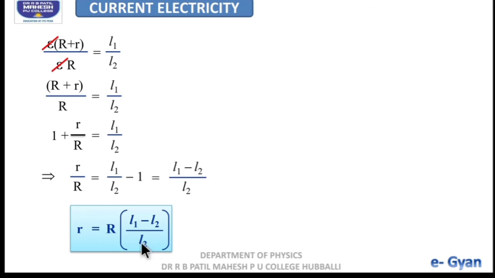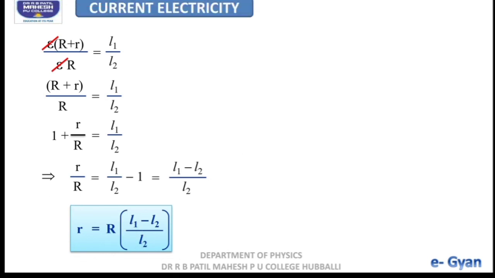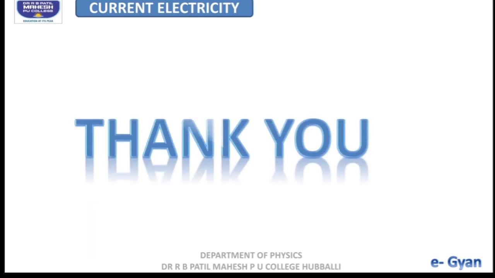With the help of this expression, we can find the internal resistance of a cell if we know the value of R and measure the values of L1 and L2. This is another application of potentiometer. Thank you.